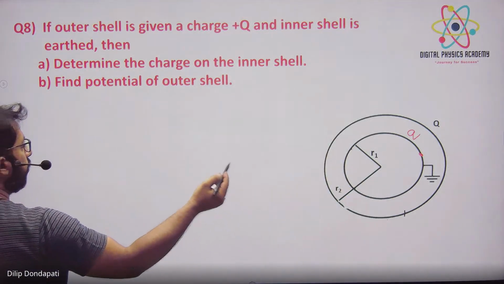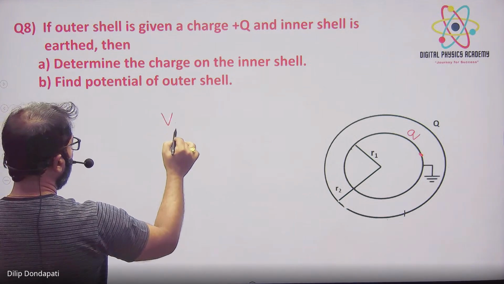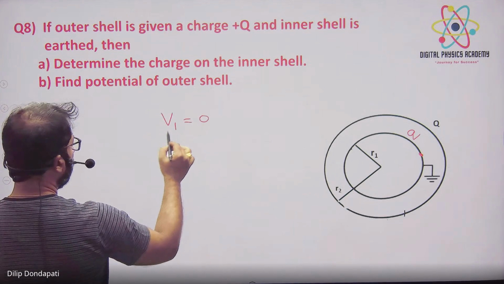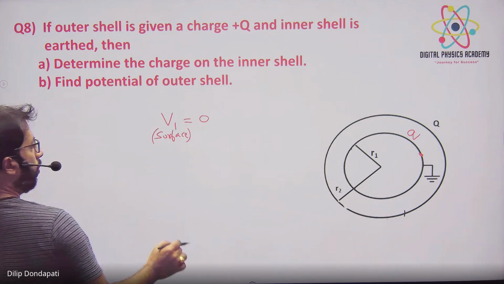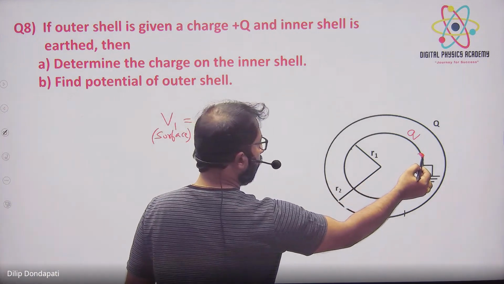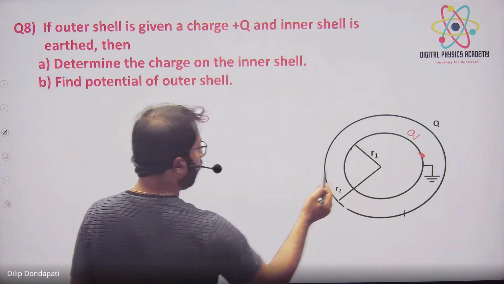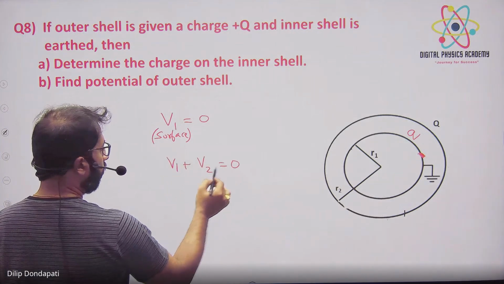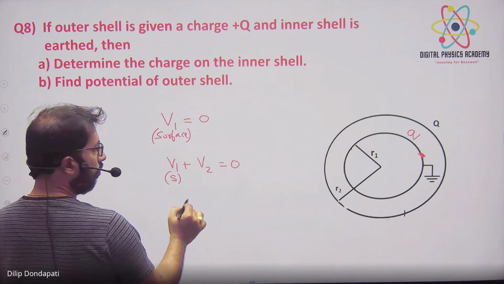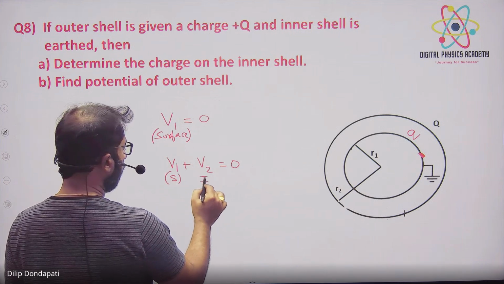So since we are earthing, the potential at the one point is 0. This is surface point. Surface where the potential is 0. Now potential at this point will be because of small q and capital Q. So V1 plus V2. For V1 it is acting like surface point. For V2 it is acting like inside point.